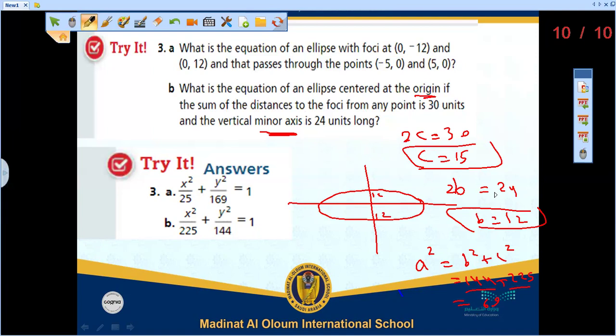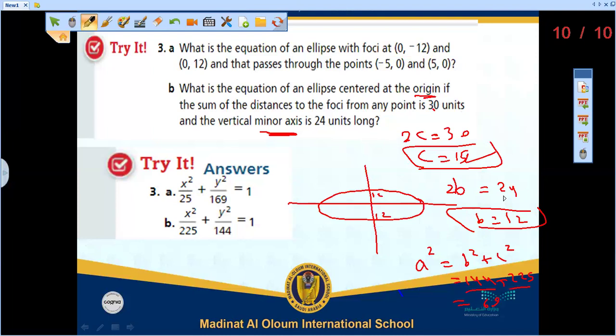Again. Okay. The distance of the two foci is 30. Divide by 2, it's 15. It means C is 15. And the vertical minor axis is 24. Divide by 2, it's 12. It means 15 squared plus 12 squared.